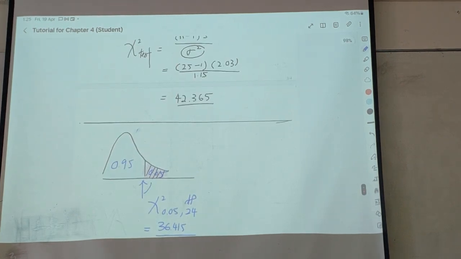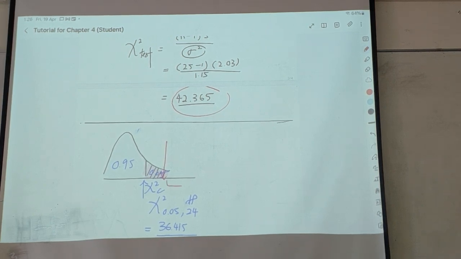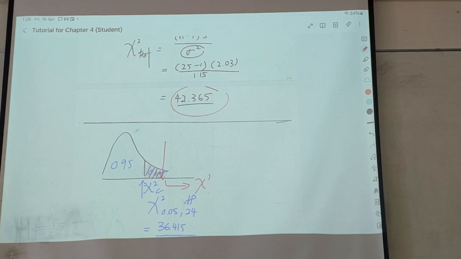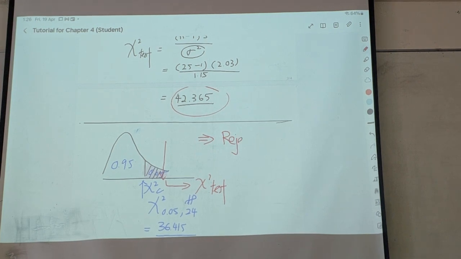So this one, we call chi-square critical. The objective is the limit for this, and then we compare it with our chi-square test. It is very clear that it falls in the rejection zone. So we have to reject the null hypothesis.